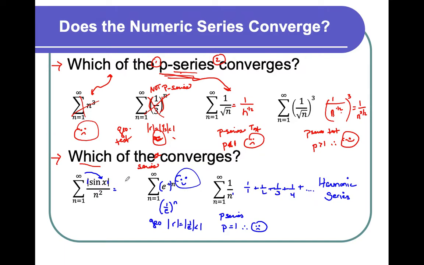Isn't that 1? So this really is the same thing as looking at 1 over n squared, so it really is a p-series, right? You're sort of comparing to the p-series where p is greater than 1, so you pass the p-series test for convergence.